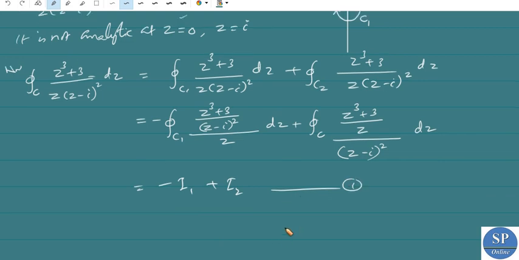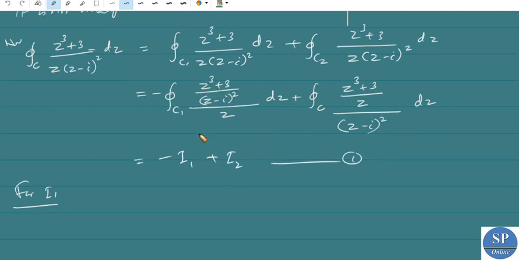So for I1, to evaluate I1, here we can use Cauchy's integral formula. Cauchy's integral formula is f of z0 is equal to 1 by 2 pi i into integral over C1 of f of z divided by z minus z0, dz.